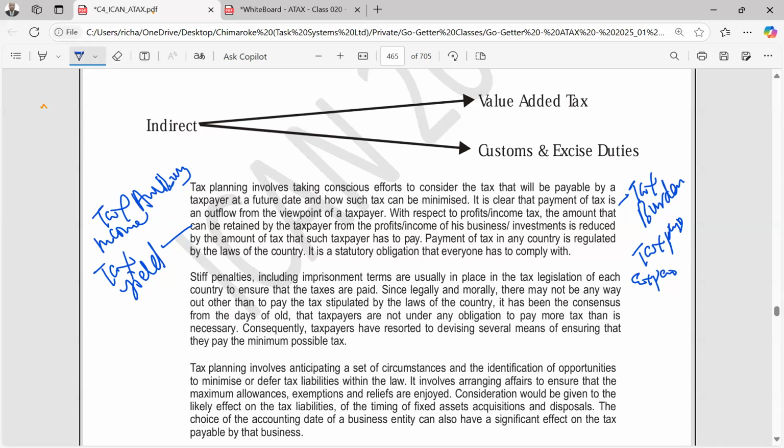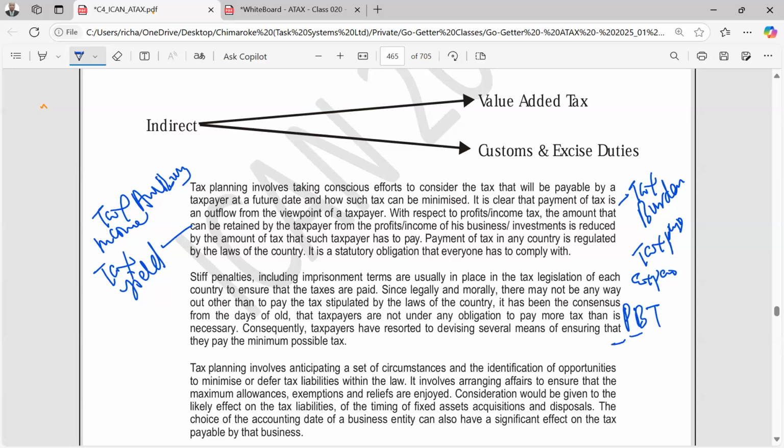So the amount that can be retained by the businessman is reduced by the tax he has to pay. So let's say, for example, this is your profit before tax. Normally, this is profit that is supposed to be shared by all the shareholders.